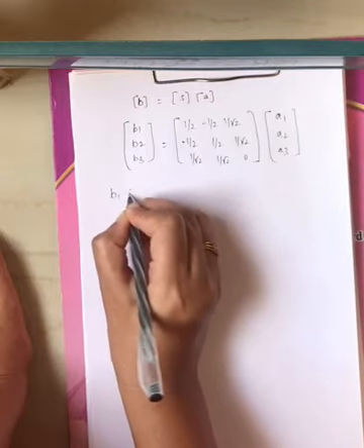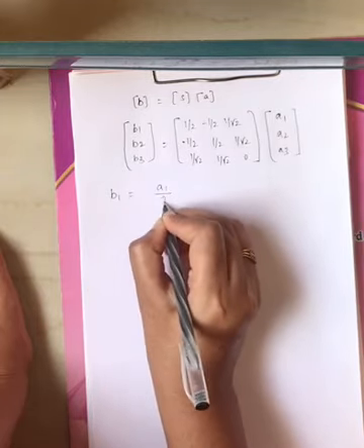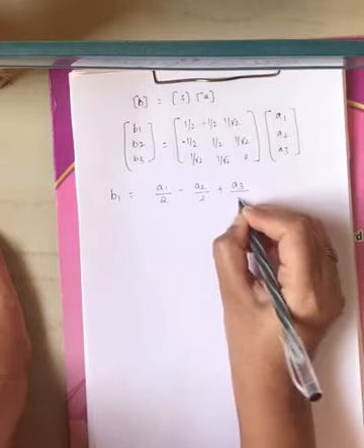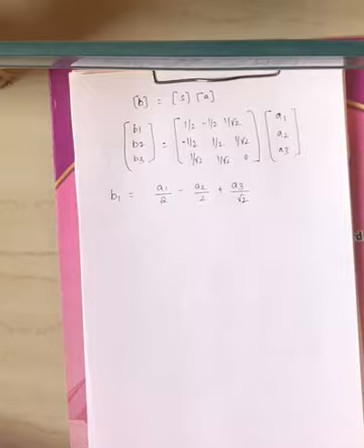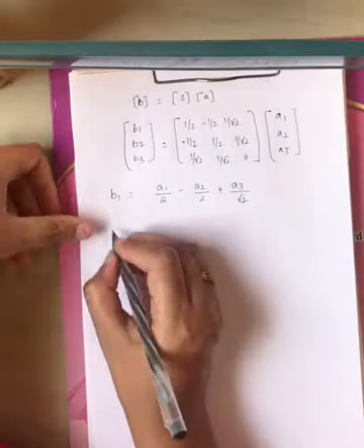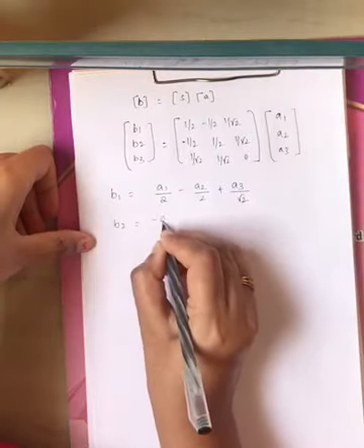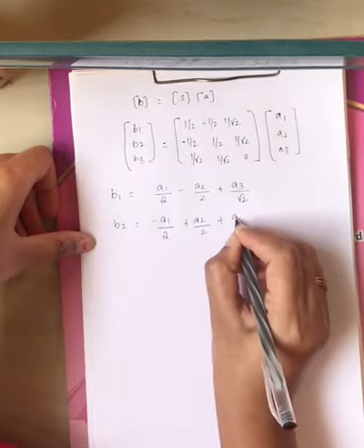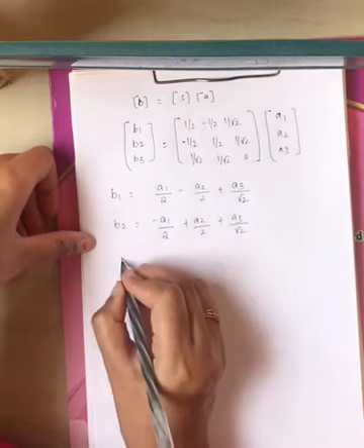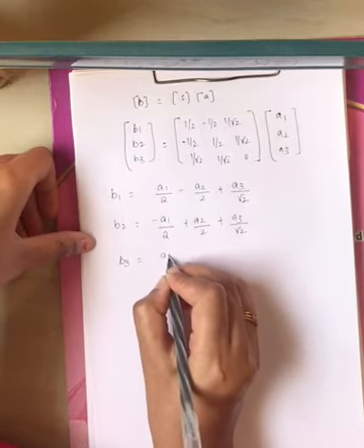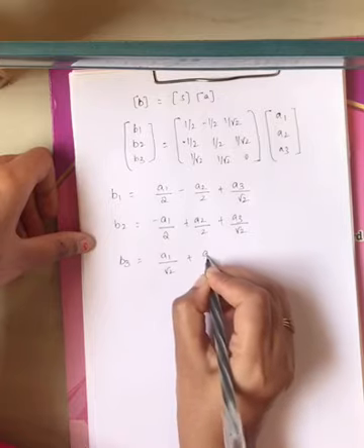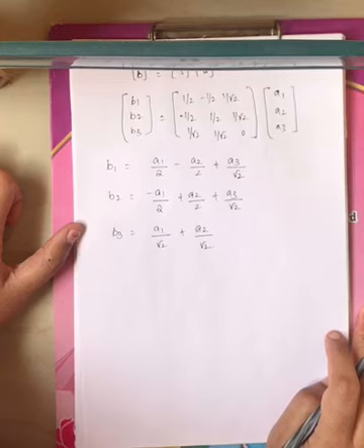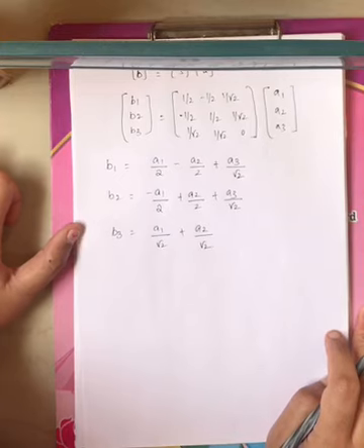From this matrix, b1 is nothing but a1 by 2 minus a2 by 2 plus a3 by root 2, right? This is the value of b1. Similarly, b2 is minus a1 by 2 plus a2 by 2 plus a3 by root 2, right? Now b3 will be a1 by root 2 plus a2 by root 2, right? These are the values after multiplying the S matrix with the input powers, right?